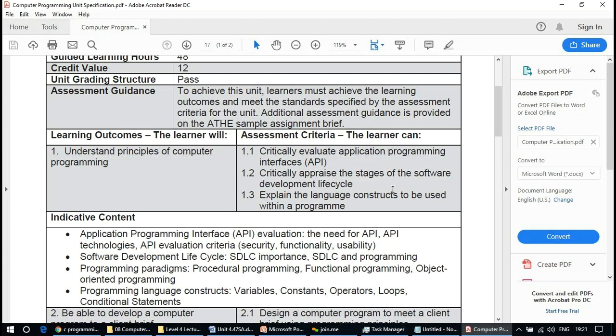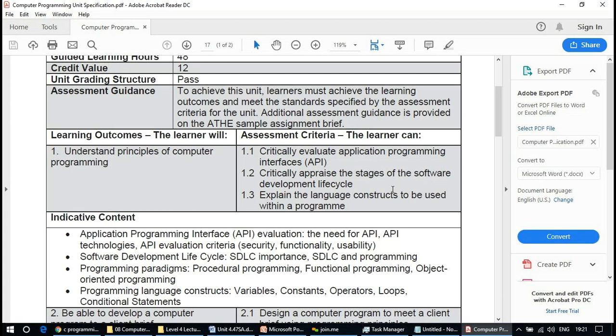So, unit 1 has, number 1 learning outcome says talk about the API.